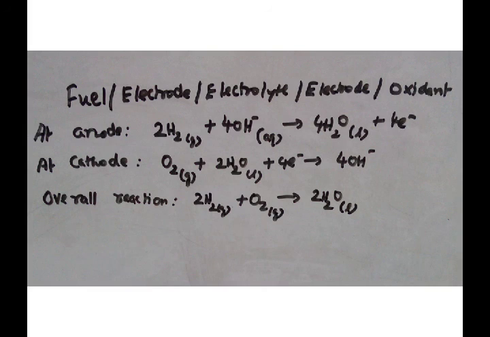In the same manner at cathode, it receives that electron so that it forms hydroxide ion. Overall reaction. Once we saw this overall reaction, it is somewhat similar to the hydrogen combustion reaction. Even though it is not reacting directly, here it is somewhat similar to combustion reactions only.